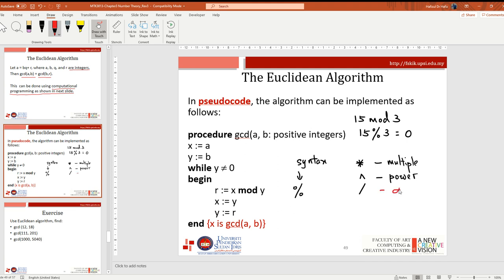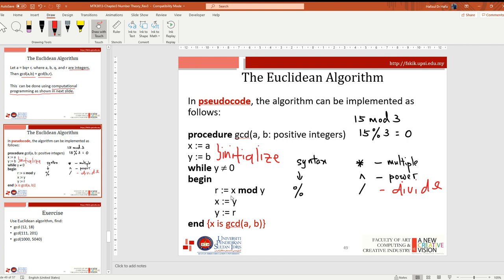Divide. Okay, x equal to a. This one we initialize, and y must not be the same as 0.